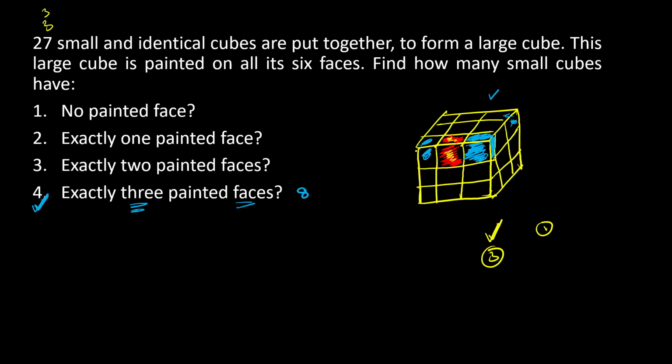So we need to clearly understand this. There's a lot of difference between these two. So exactly 2 faces of a cube can be painted only when the cube is kept on any given edge, and that cube should not be put at the corner. So you will find 1 such cube on each edge. We have 12 edges, so 12 times 1, my answer will be 12.